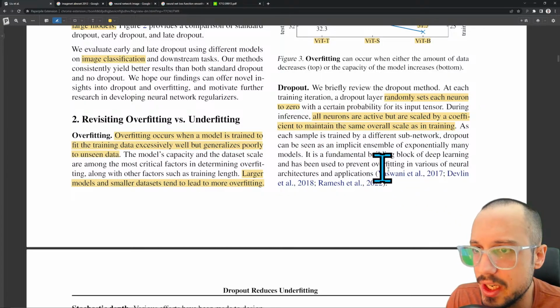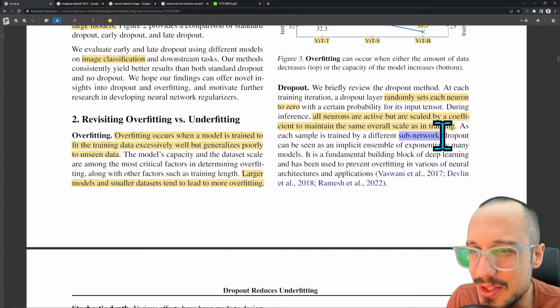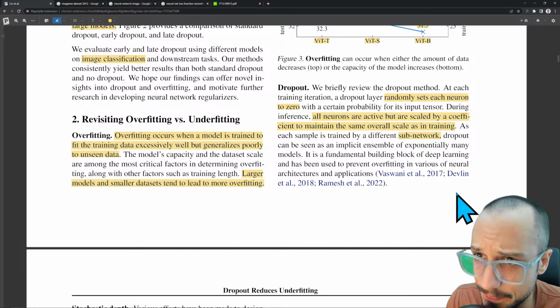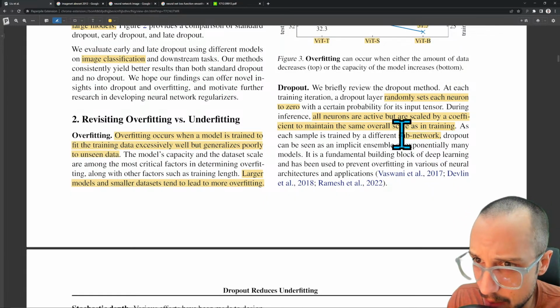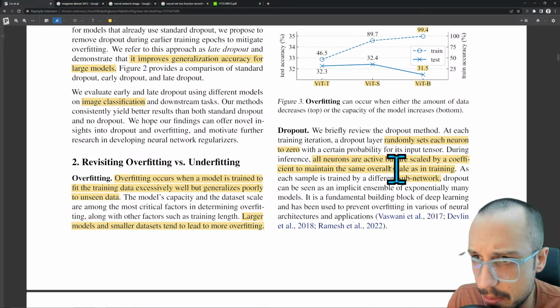As each sample is trained by a different subnetwork, there's so much for me to go on here. We're going so slowly. In the original Dropout paper, which I think they reference here, a 2012 Hinton paper, one way they explain what dropout is doing is by introducing this concept of subnetworks.